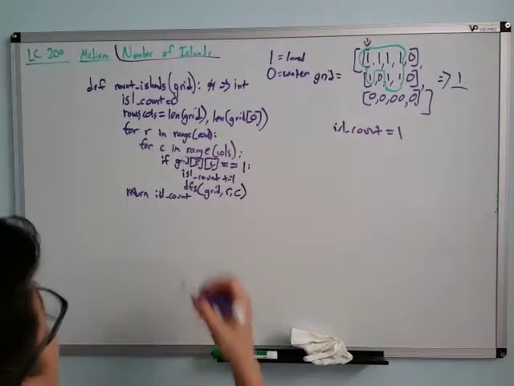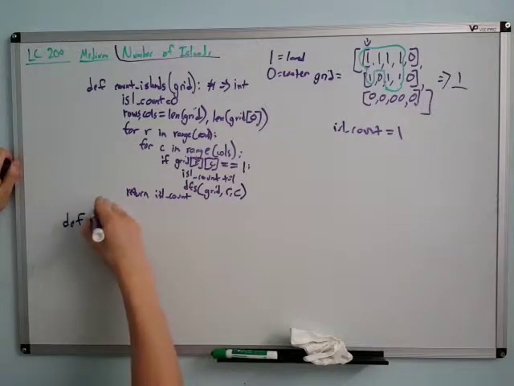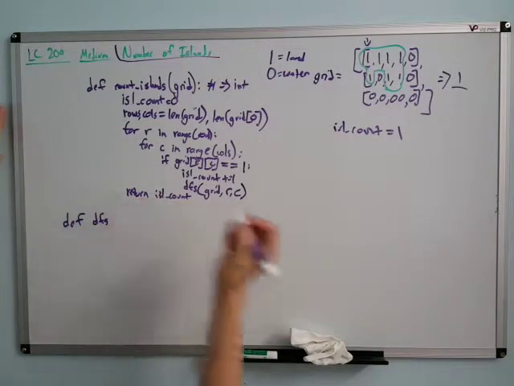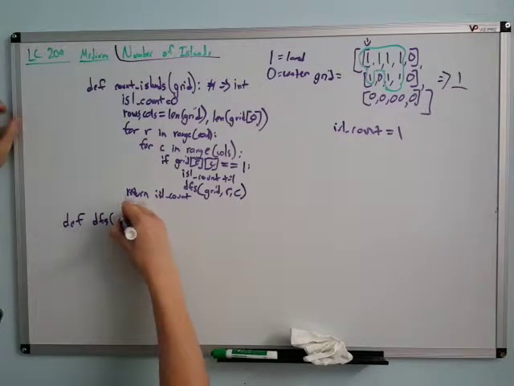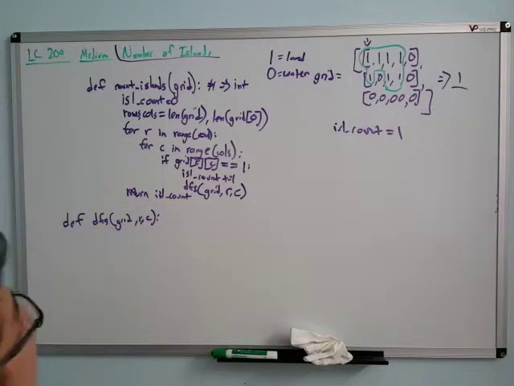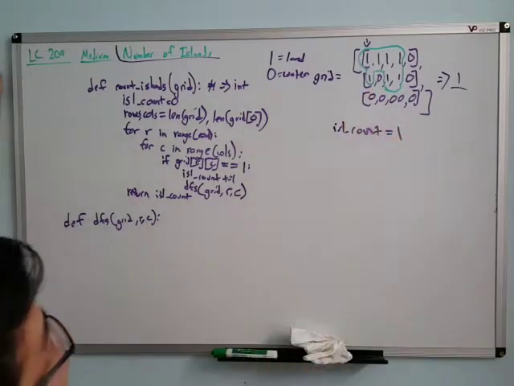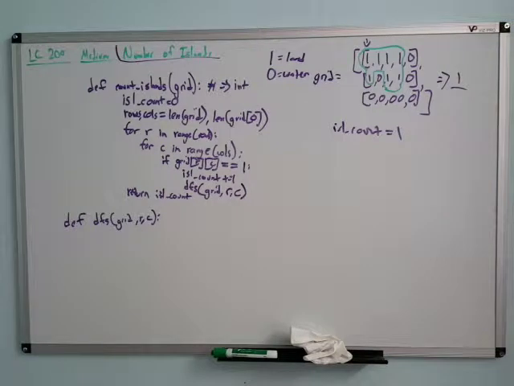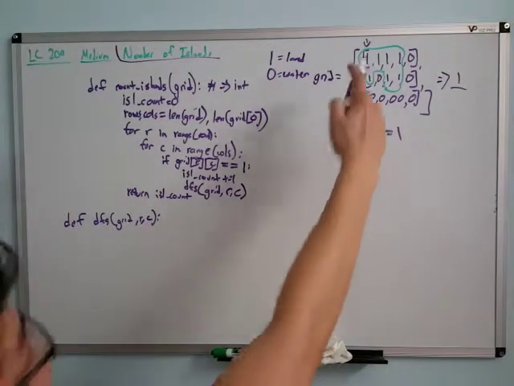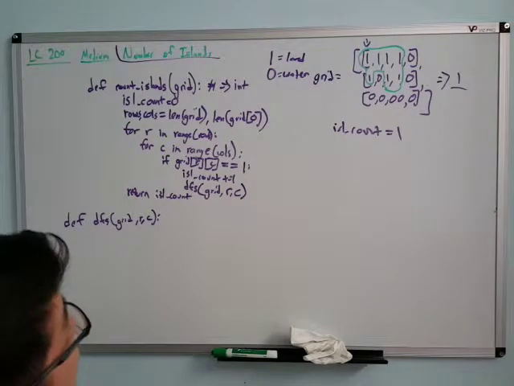We'll define here DFS, call it DFS helper or whatever, with grid, r, c. Here what we're trying to do is mark our visited node so that we don't visit it again. Because in this example, if we go to the next one, we don't want to count it as an island again.